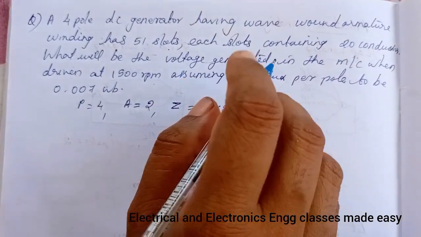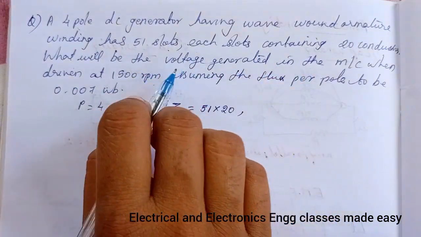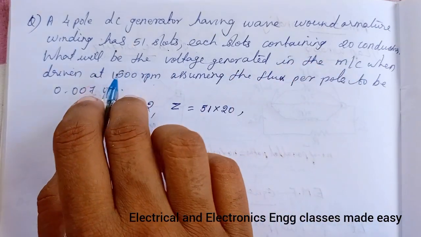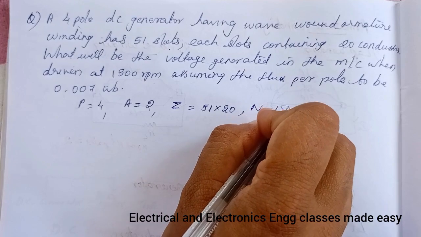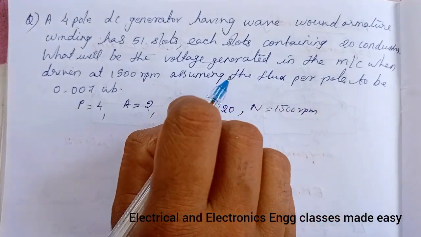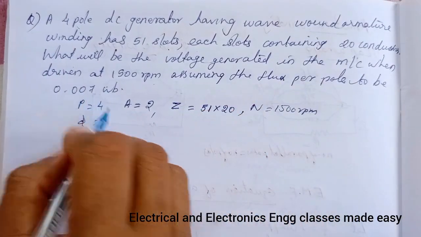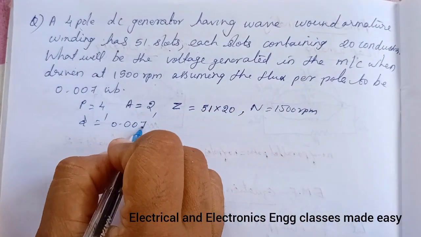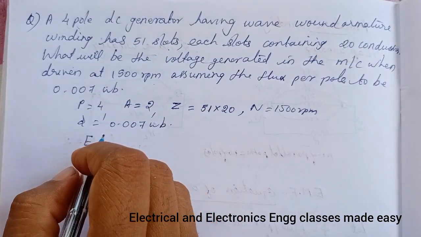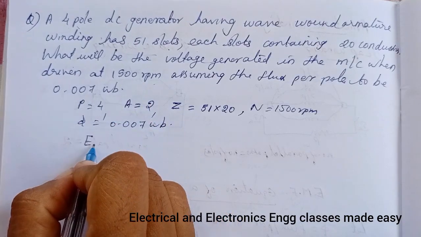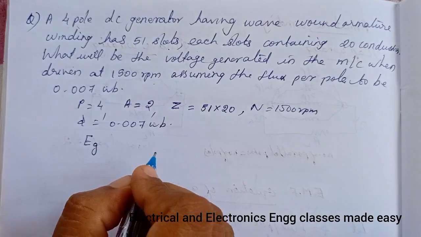Speed is given as 1500 rpm, and flux per pole phi is 0.007 Weber. We have to find the voltage generated, E, or in the case of a generator we denote it as EG.